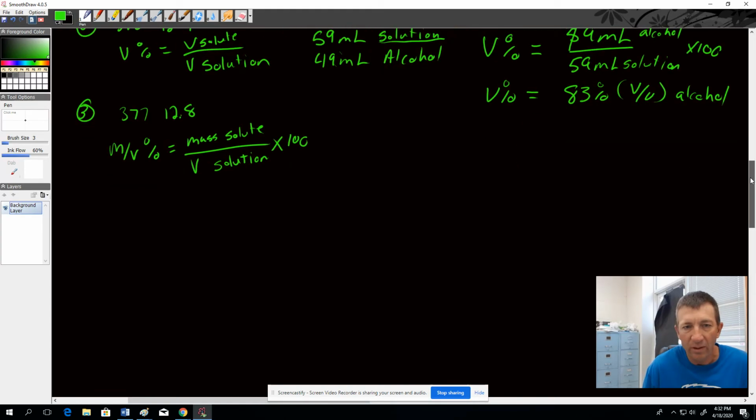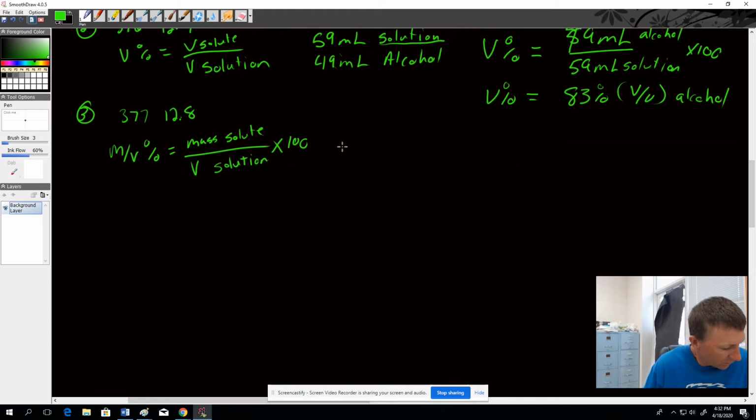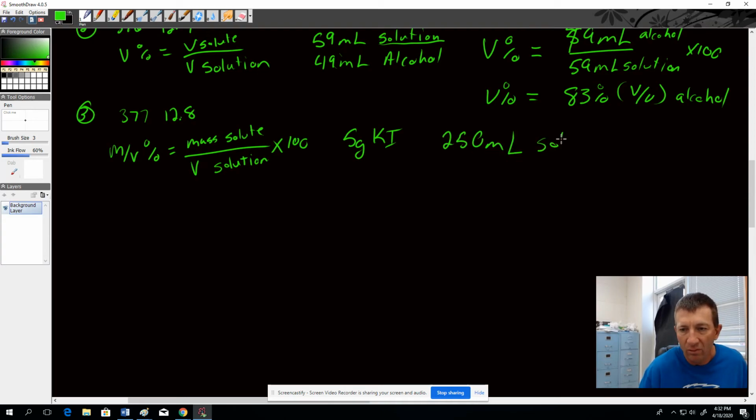So this one says a potassium iodide solution may be used in a diet that is low in iodine. The KI solution is prepared by dissolving 5 grams of potassium iodide in enough water to give a final volume of 250 milliliters, and that is our whole solution. What is the mass by volume percent of the KI solution?